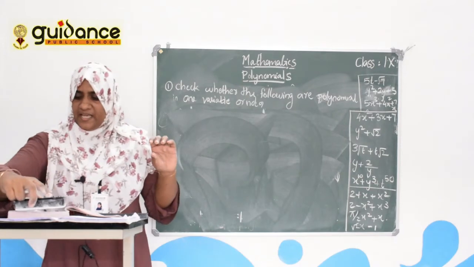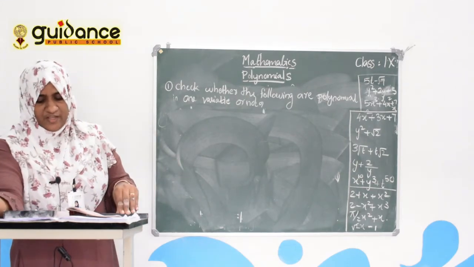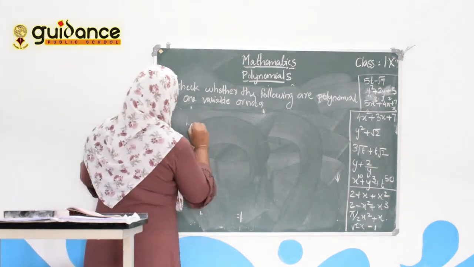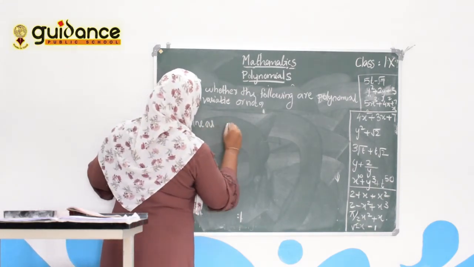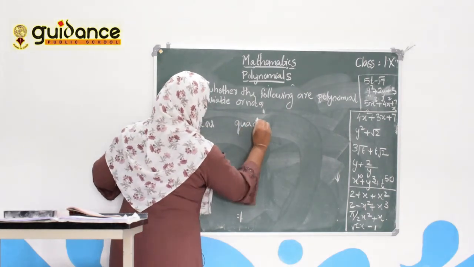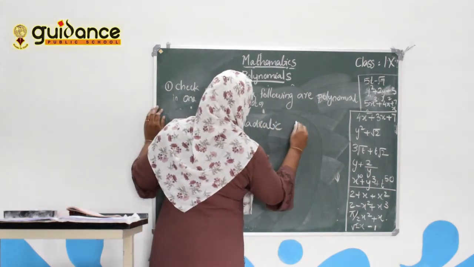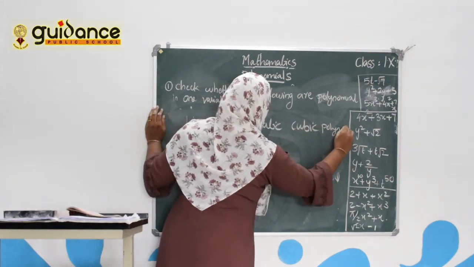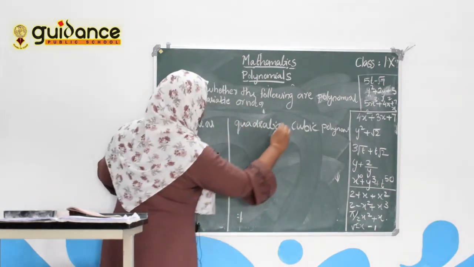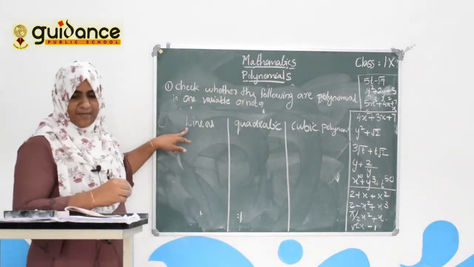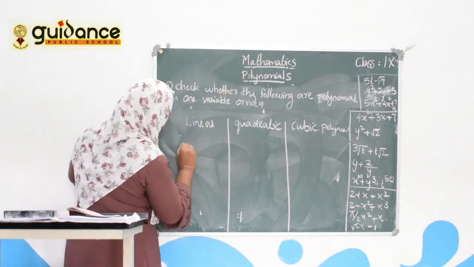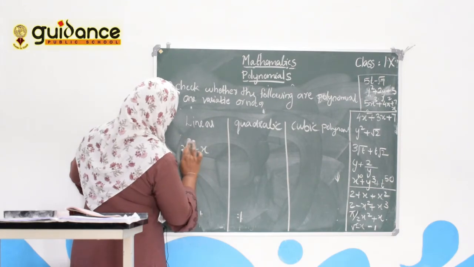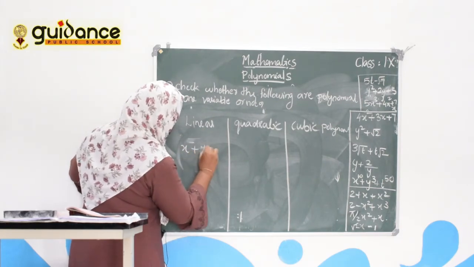Next question, classify the following as linear, quadratic or cubic polynomial. Linear polynomial, a polynomial of degree 1, that is x plus 4.